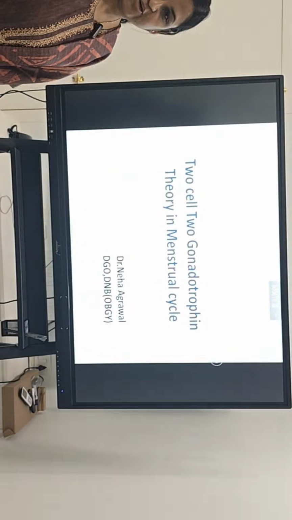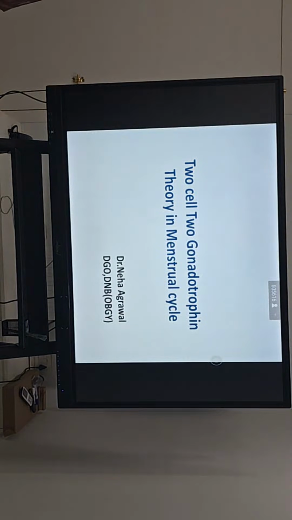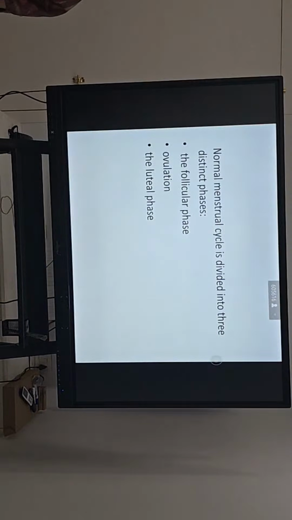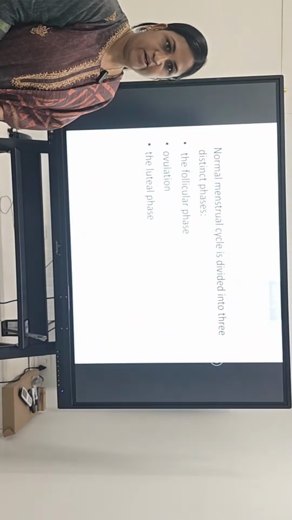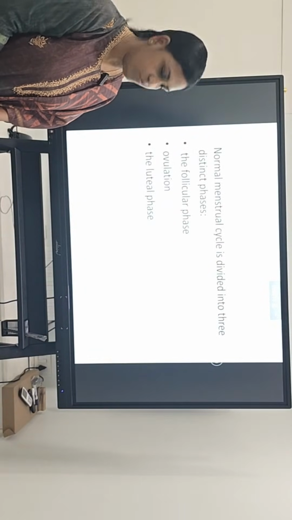I am Dr. Neha Agrawal. Today I will be talking about the two-cell two-gonadotropin theory in the menstrual cycle. As we all know, the menstrual cycle is divided into three phases: the follicular phase, the ovulatory phase, and the luteal phase, in which there is development of the corpus luteum.